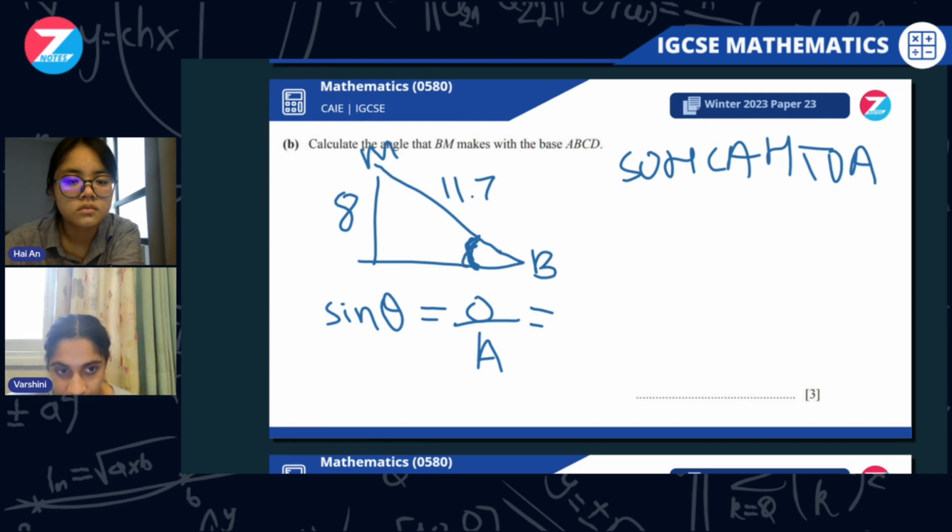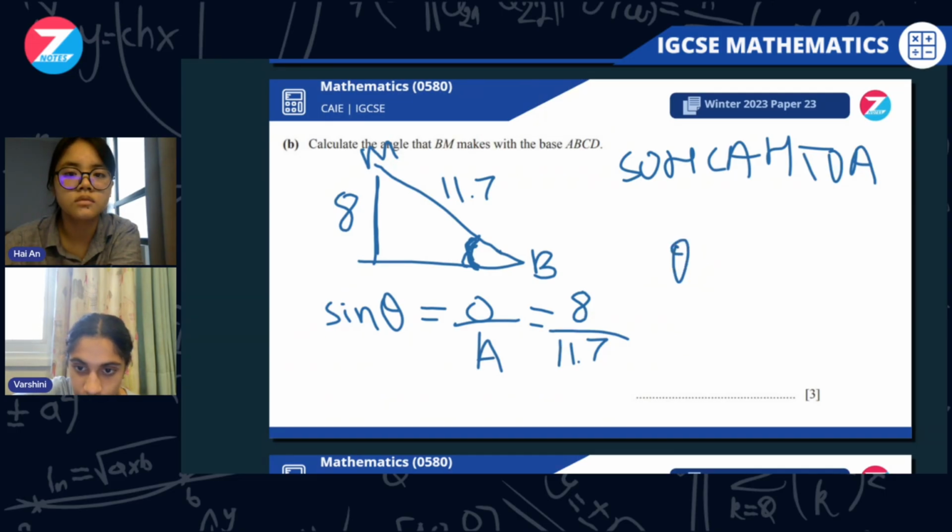The side opposite to the angle is 8, and the hypotenuse of the triangle is BM, so it's 11.7. So to find theta, we do sine inverse of 8 by 11.7. Theta equals sine inverse of 8 by 11.7.